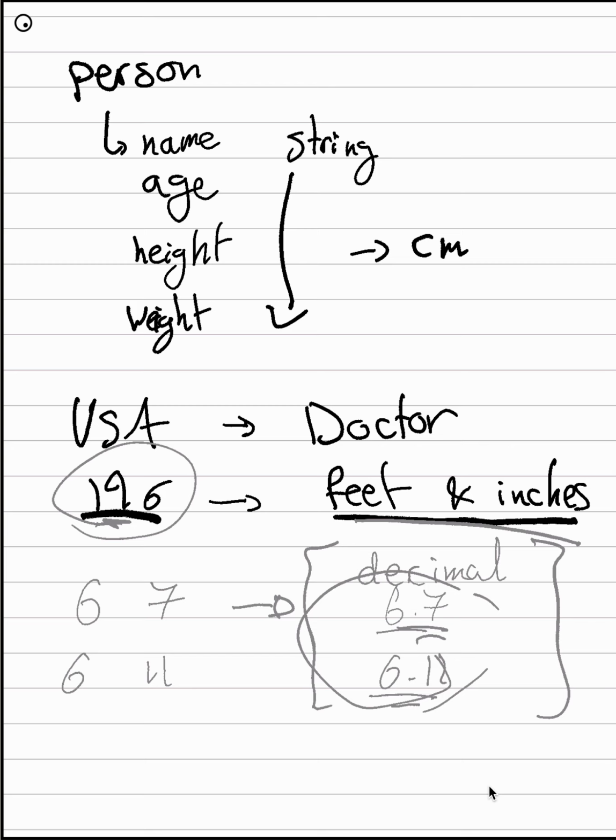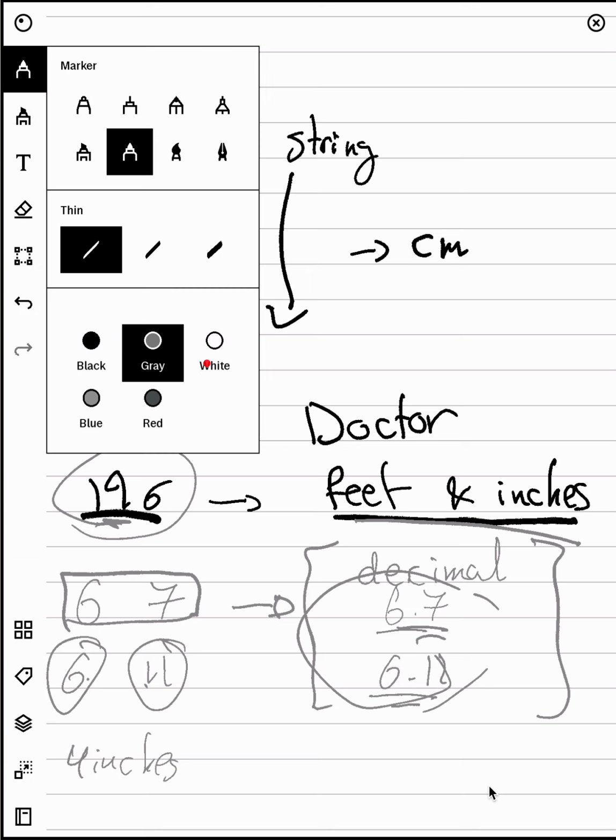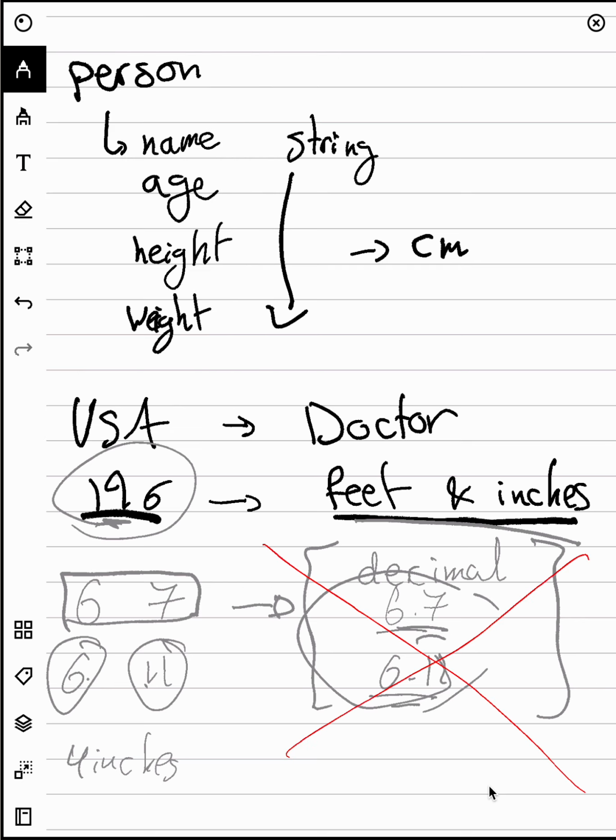Yeah, which is incorrect. So in actuality, this is feet and this is inches. So the fact that someone is 6'11 means that they're actually 4 inches taller than our already very tall 6'7 guy. Okay, so this decimal idea is not going to work, right? Yeah. Okay, so we're not going to be able to represent this with a decimal.